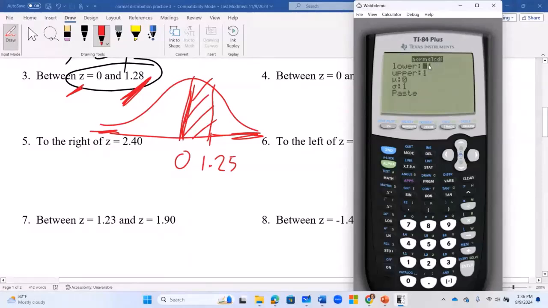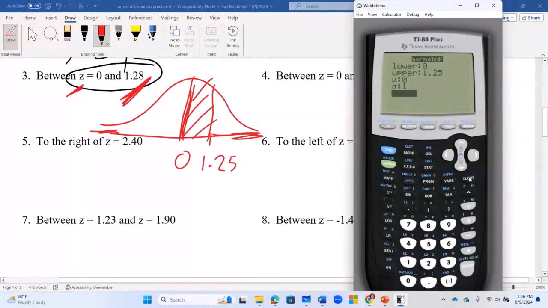Now it's asking you, what is the lower bound? This question is asking you 0 and 1.25. Which one is smaller? Of course, 0 is smaller. The upper bound is 1.25. The mean of a standard normal is 0. The standard deviation is 1.